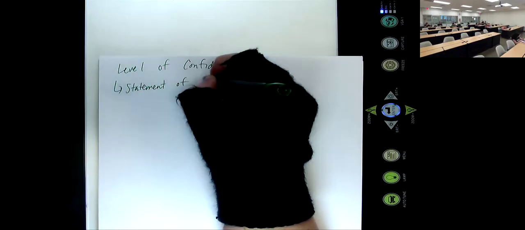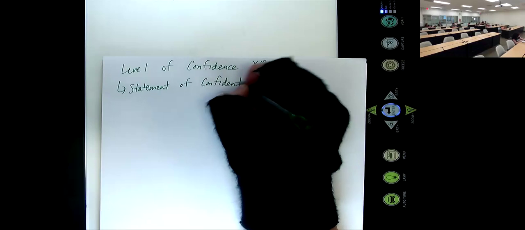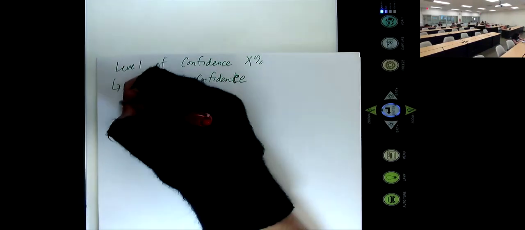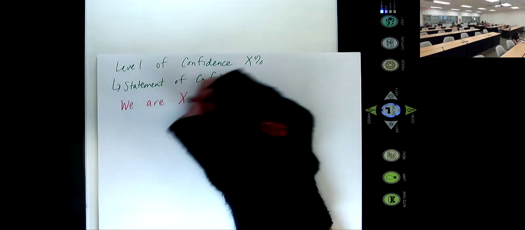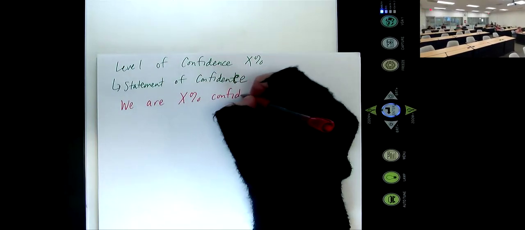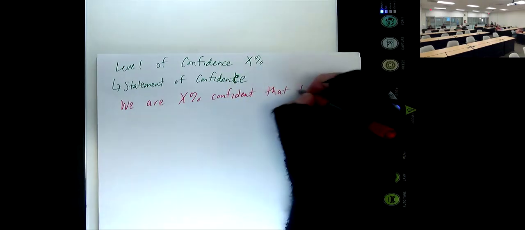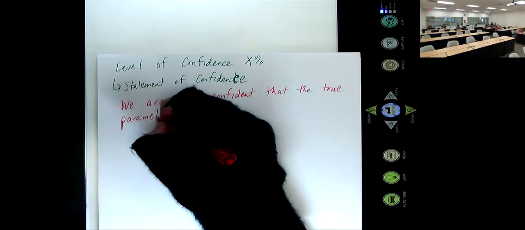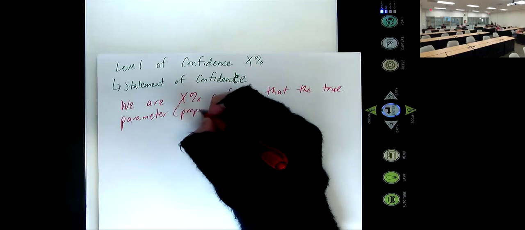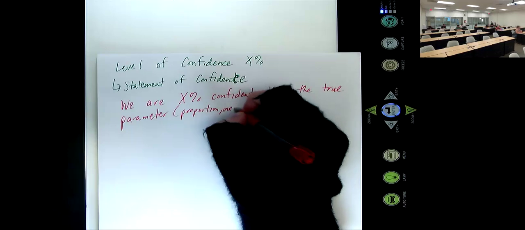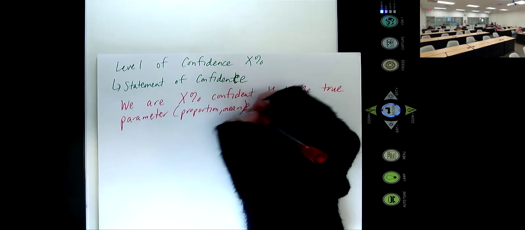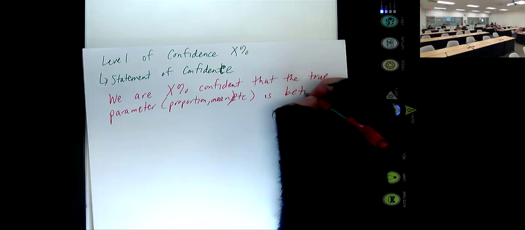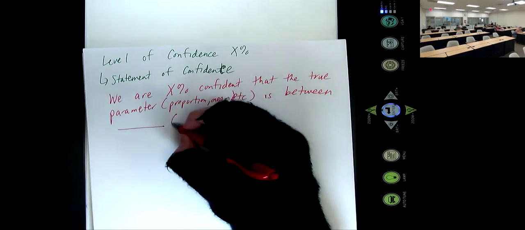You wanna make a statement of confidence, which goes along the lines of, we are X% confident that the true parameter, we'll say proportion or mean or whatever it is here, is between a blank, which is our lower limit.